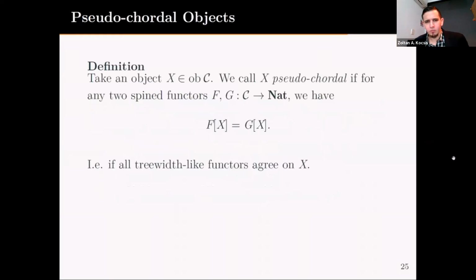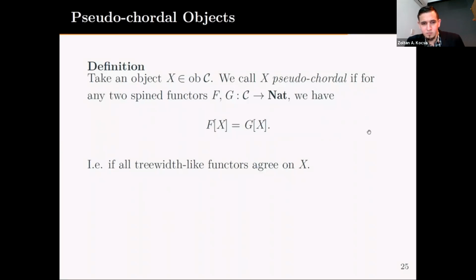Now, the way this goes is interesting. We're first going to define pseudochordal objects. These are just the objects of our category on which any two spine functors from C to Nat give the same answer, give the same number. So all Treewidth candidates, or all Treewidth-like functors, will agree on the pseudochordal objects. That's the definition of the class of pseudochordal objects.